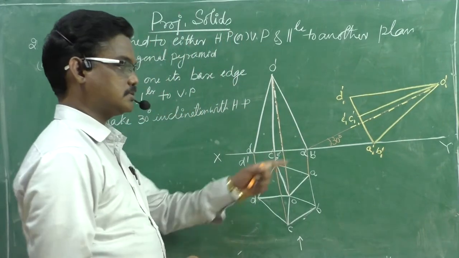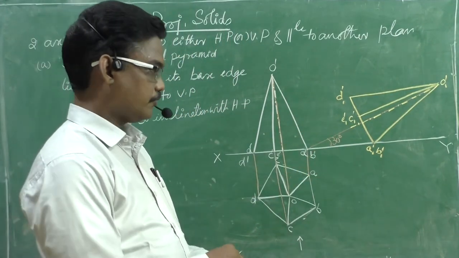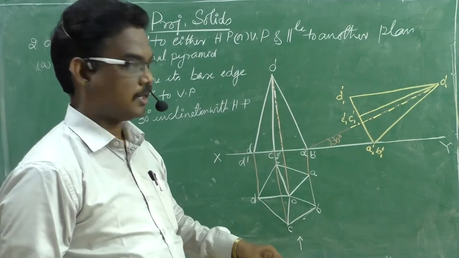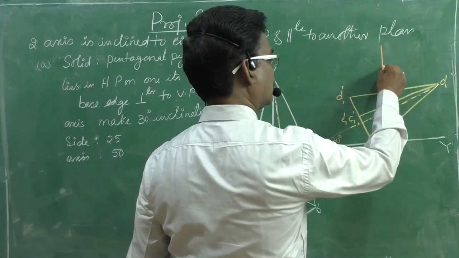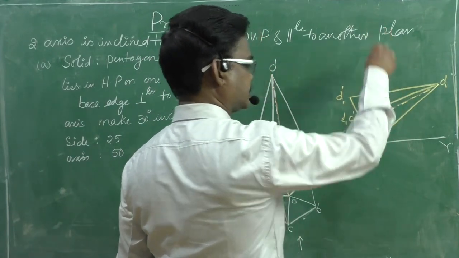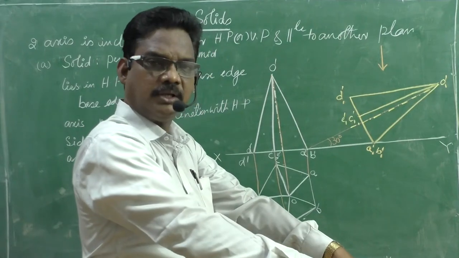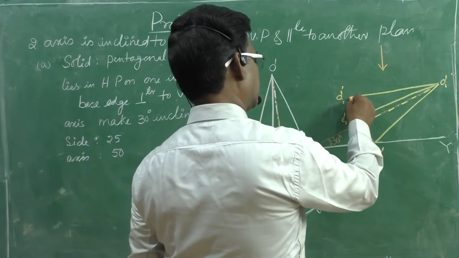Okay, this is the final required front view. Now we need to project that front view downwards, because if you see the front view in this direction, these projection lines are obtained on the HP. Therefore we need to project it downwards.